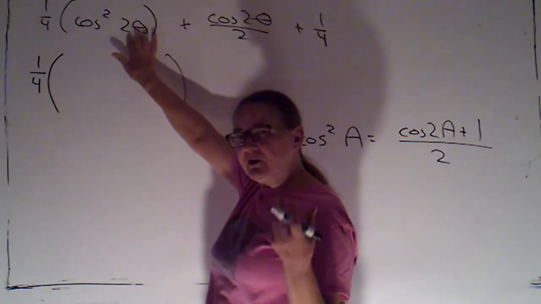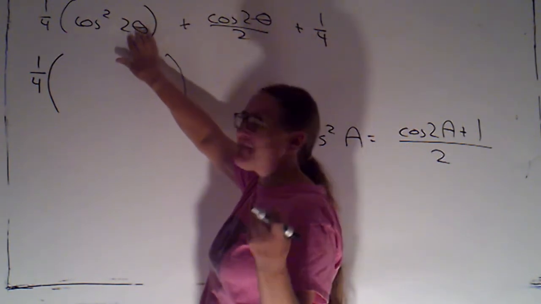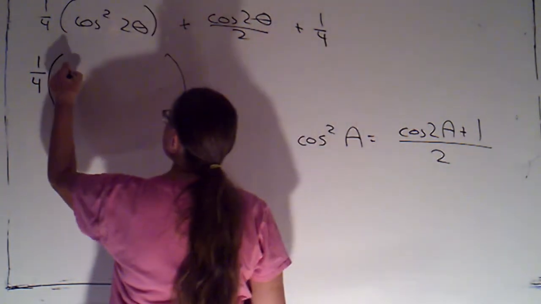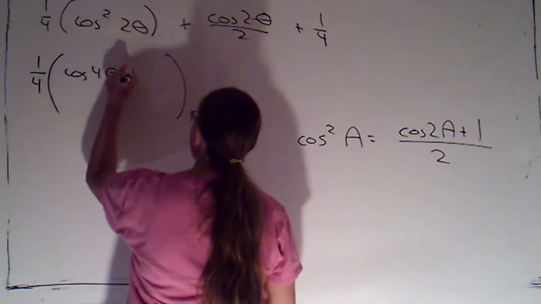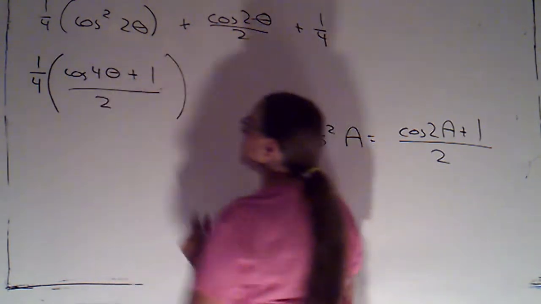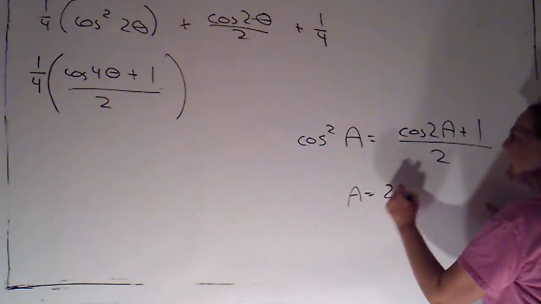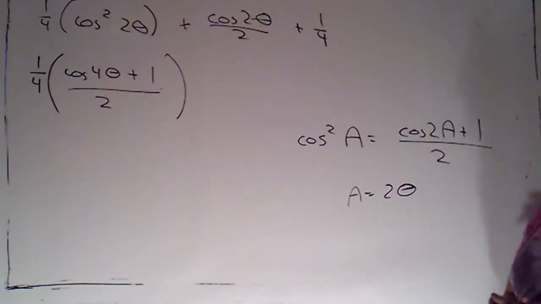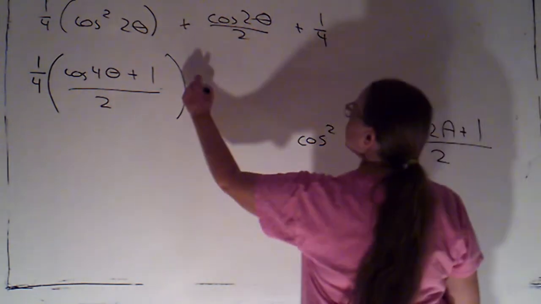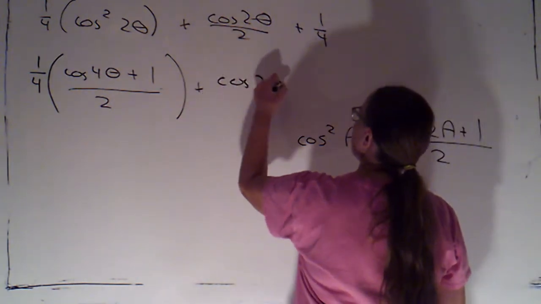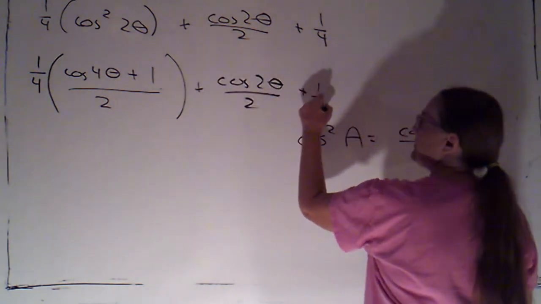Well, if I double 2 theta, I'm going to get 4 theta. So this is going to be cosine of 4 theta plus 1 over 2. That's just using this formula where my A was 2 theta. And then I still have the plus cosine 2 theta over 2 plus 1/4.